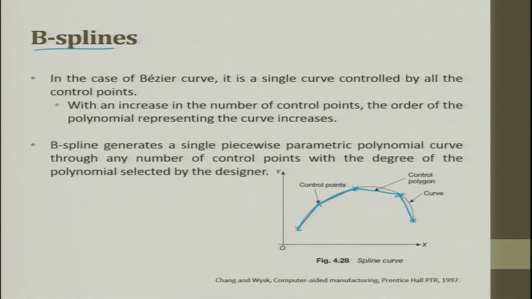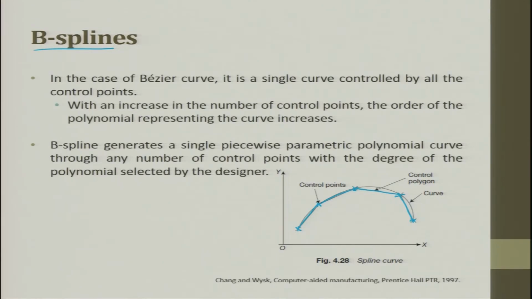Why is this all important for this course? When you want to do anything in digital manufacturing, you are supposed to draw. When you are supposed to draw, you can have simple geometries, freeform surfaces. In freeform surfaces, the major thing is going to be the curve. So, if I give you the freedom of tweaking the curve to your own requirement without any constraint, then that will be a major advantage for the designer.